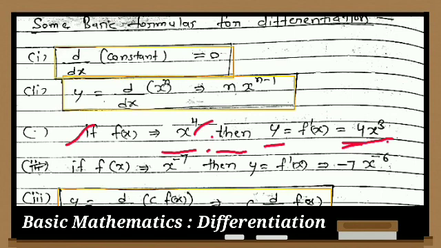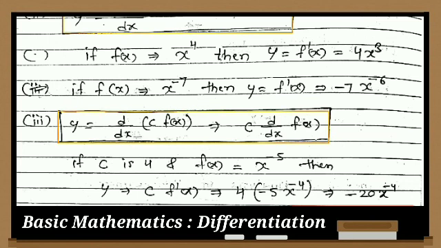Is it clear to you? Let's see the next example. If f(x) equals x power minus 7, then y equals f dash x, that means the differentiation of f(x) is minus 7 x power minus 8. Here comes 8, not minus 6. So this is minus 7 x power minus 8.